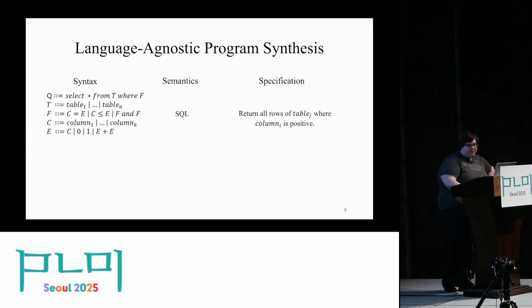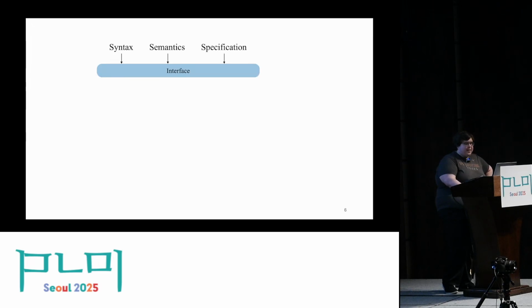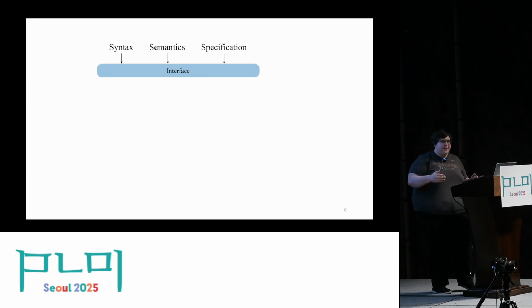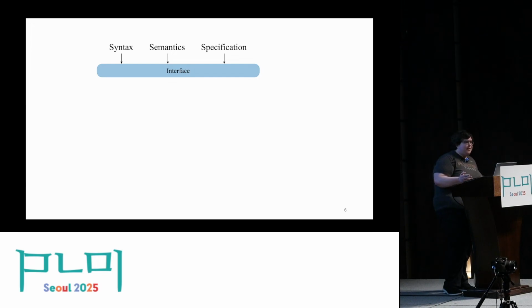So as a user of synthesis, what might be really complex and hard is that when you actually try to do synthesis, there are different tools for different languages, and they each have their own input description, and the tools aren't very usable.